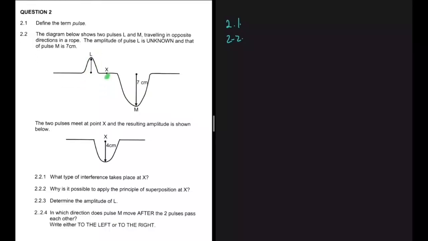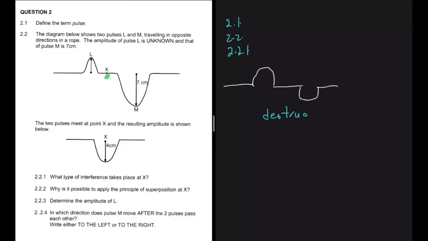Then the question that follows, 2.2.1: what type of interference takes place at X? Let's just cover the basics. If we have two pulses, one being above rest position and the other below rest position, then they interfere destructively.